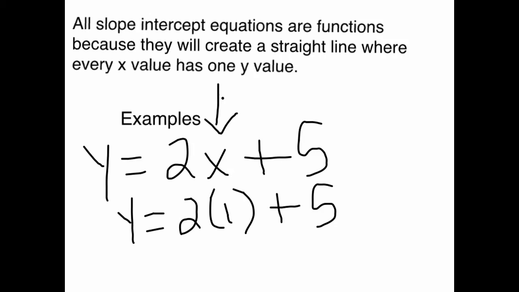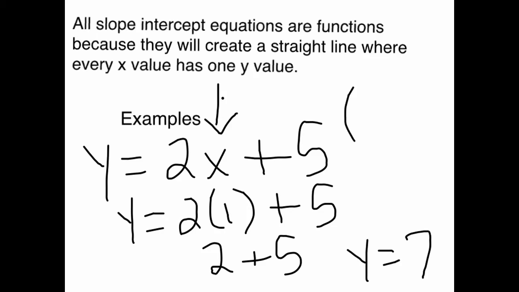So then I would have 2 times 1 is 2, and 2 plus 5 is 7, so y would equal 7 here. So this coordinate would come out to be 1 and 7, which means that this equation has one y value for every x value. Let me show you some other examples that are always functions as well. Let me go ahead and erase this first.